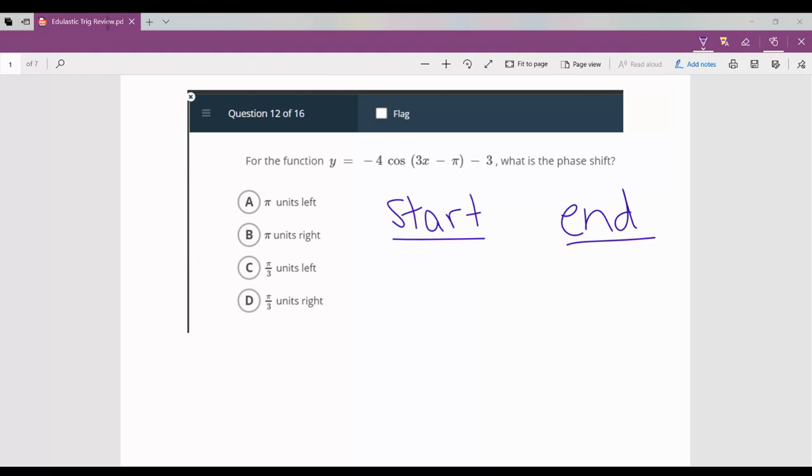Okay, so we take the inside piece and we set that equal to where it starts normally, which is 0, and we're going to take the inside piece and set that equal to where my cosine curve normally ends, which is after one period, it normally ends at 2 pi, and we're going to solve from there.